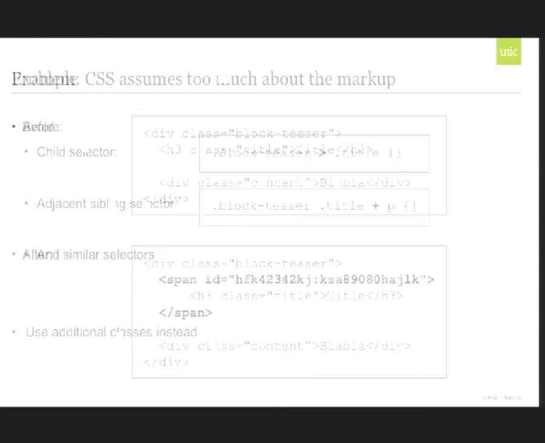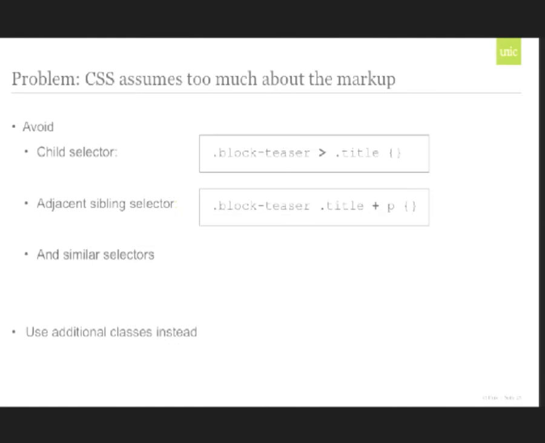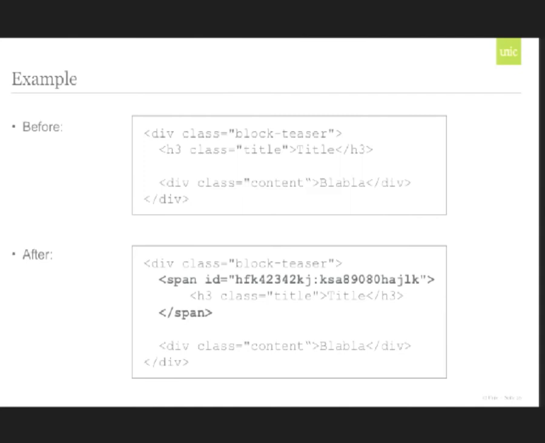So using CSS which relies on a specific structure might be a problem. For example, if the title has to be the immediate child of this teaser block and something else comes in between, this selector doesn't apply anymore.